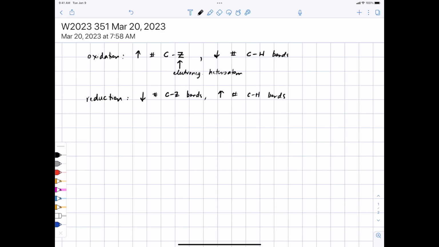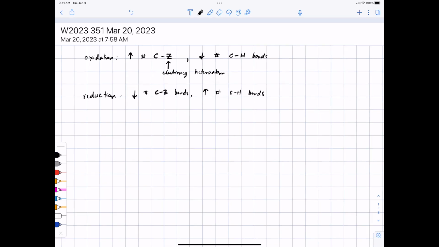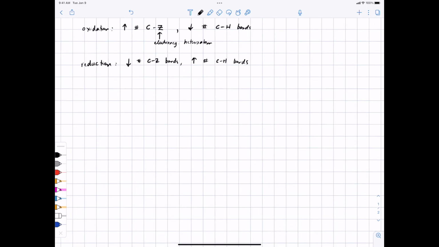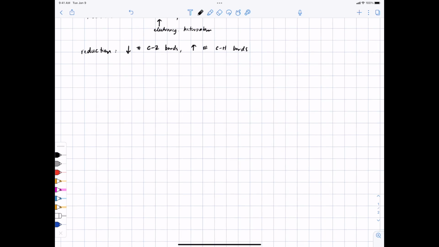So common functional groups that you learned back in chapter 3 about nomenclature, you can see now that their relative priorities were arranged according to how oxidized or reduced the carbons were.